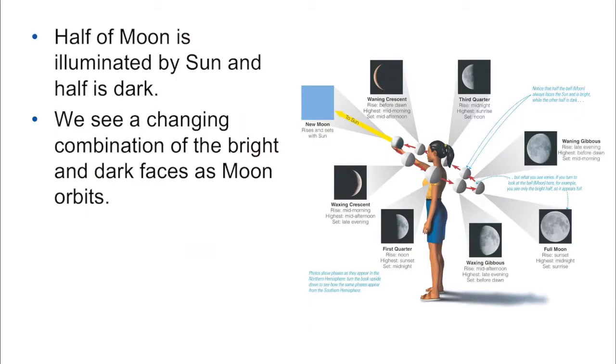Okay? So why do we see phases of the moon? Here we have a photo where we imagine someone holding a ball, and then that ball being held at different orientations around them. And there's some bright light over here, right?